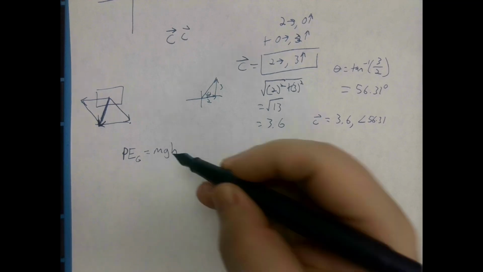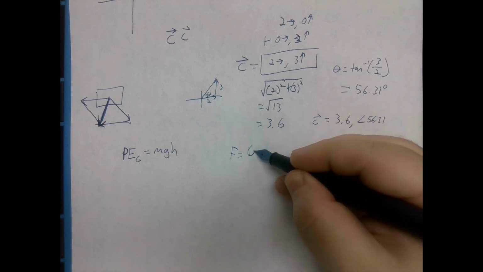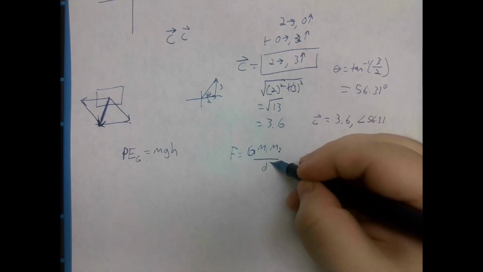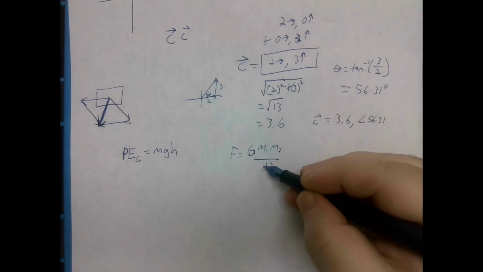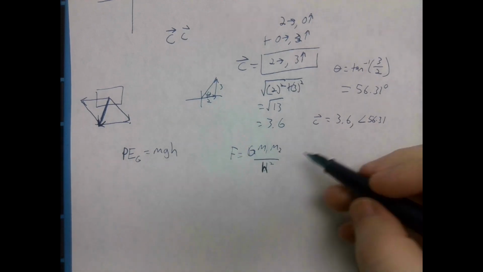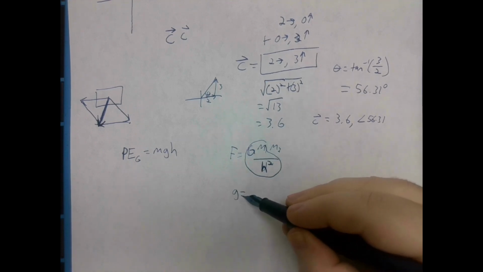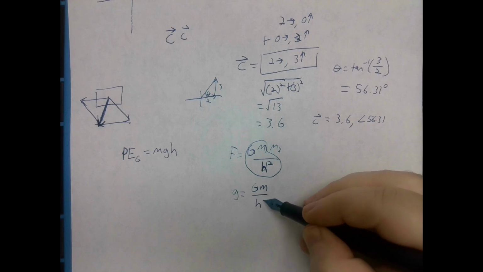So what we have is G, and if you remember, force is equal to capital G M1 M2 over d squared. And I'm going to just make this an H. So this portion is lowercase g. So g is going to be equal to this gravitational constant times the mass of the planet divided by some distance squared.